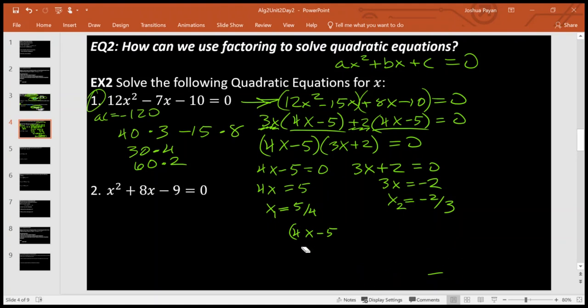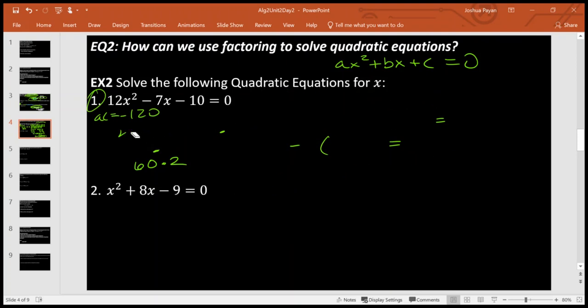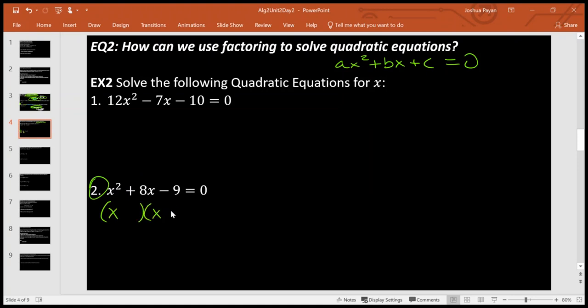This next example is a way simpler example just because a is equal to 1. So that means we can just fill in the blanks there when we factor it. So we're looking for the factors of c, negative 9, that will combine to give me b, this positive 8. And that is so we can fill in these blanks that we know we're going to have because a is simply equal to 1.